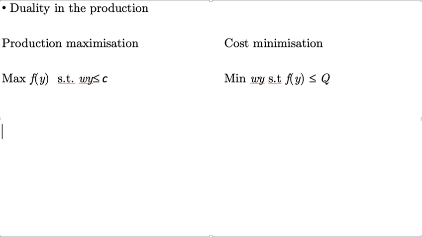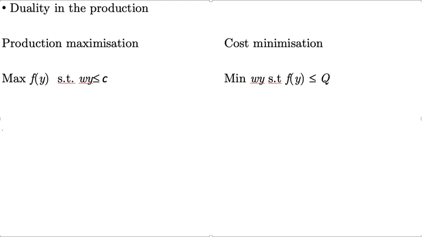Before we proceed to the next slide of production theory, let me talk again about the duality in production. If you can recall, we have duality in consumer theory, so the same goes for duality in production. For any firm, we already know that each firm wants to maximize profit.